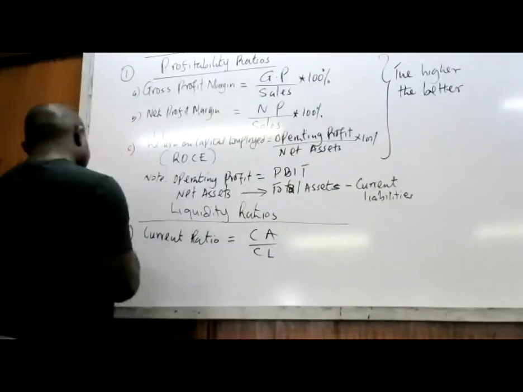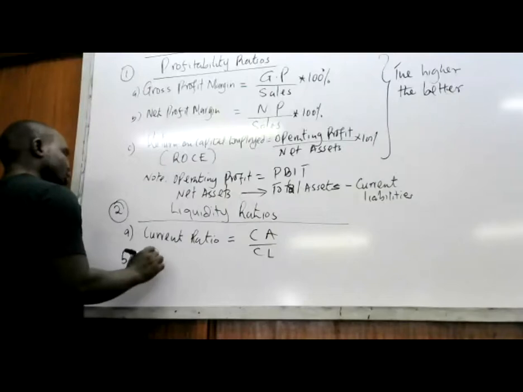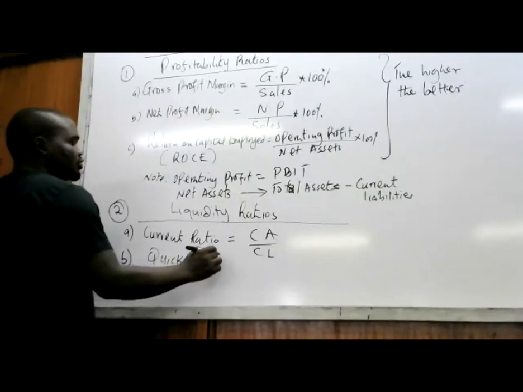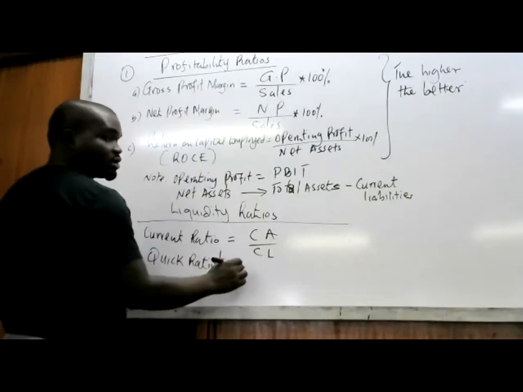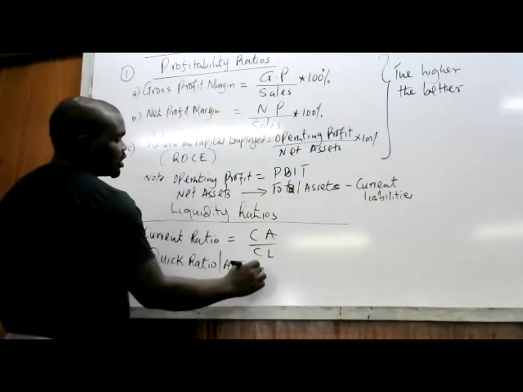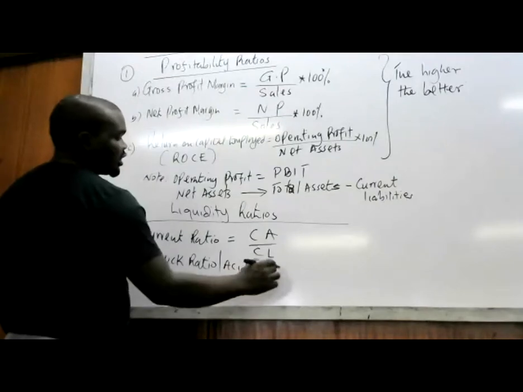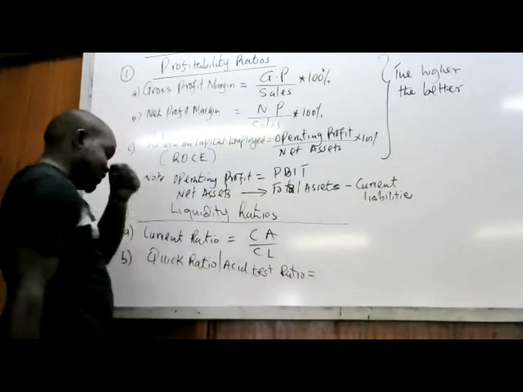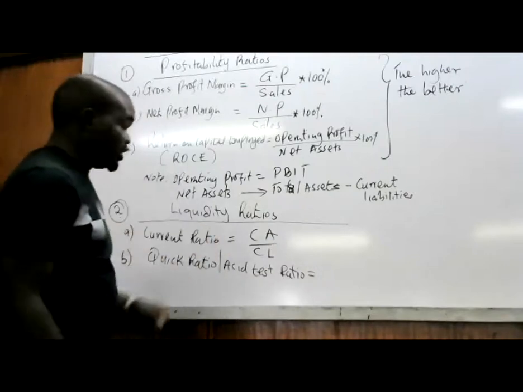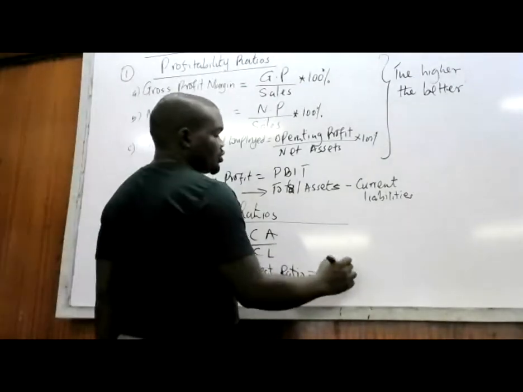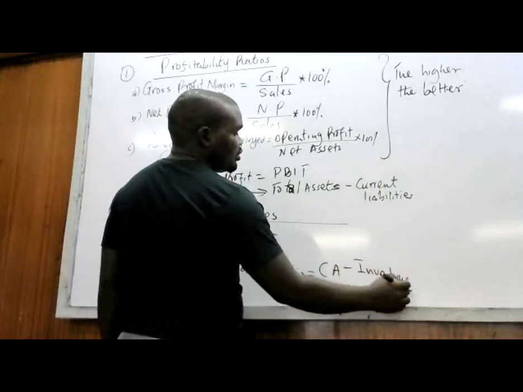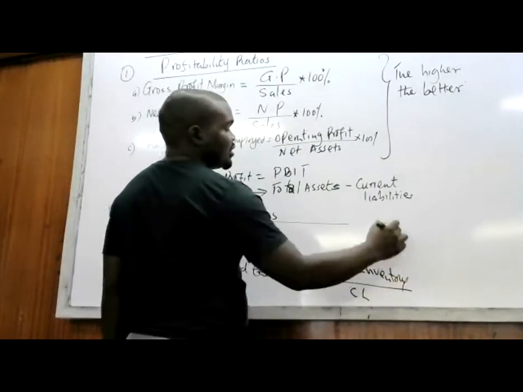Then B is known as the quick ratio, also known as the acid test ratio. The same with this, you take current assets, subtract inventory, and divide by current liabilities.